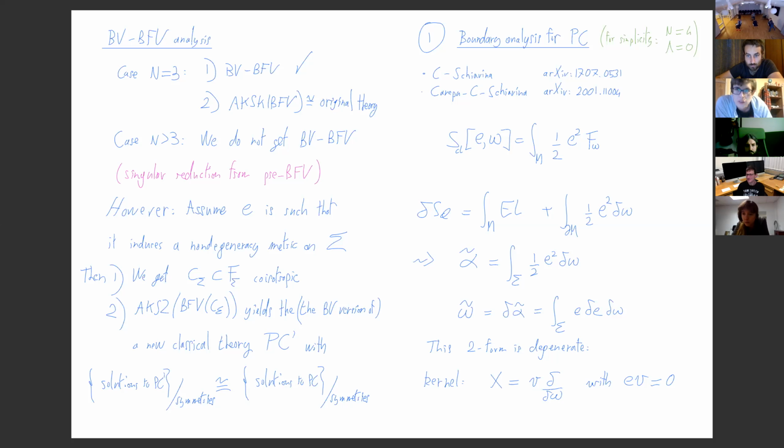Somehow this is algorithmic, so you can try to apply it, and sometimes, I mean, success is not guaranteed. Sometimes you crash into some singularity, but you may try to apply it. I don't know how to do it.